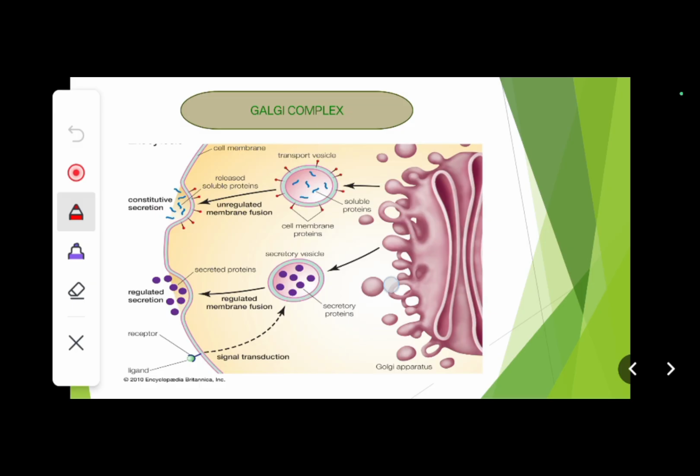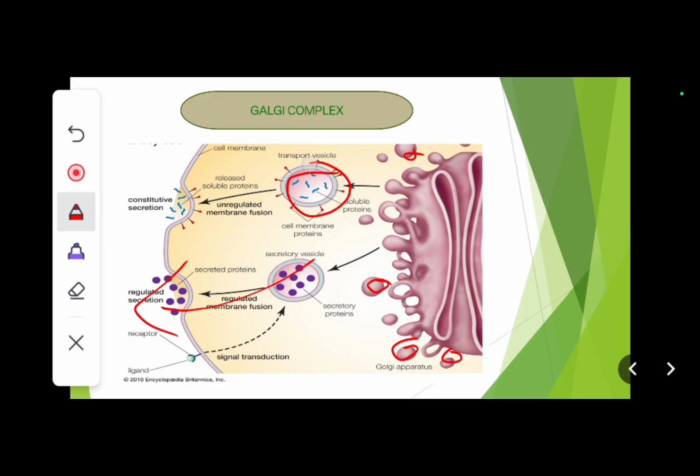What is the Golgi complex? The Golgi complex is a sac-like structure which releases some round structures known as vesicles. Through these vesicles it transports the proteins to the entire cell and also outside of the cell. In these small vesicles it sorts out and separates the proteins, deciding which proteins need to go to which place.